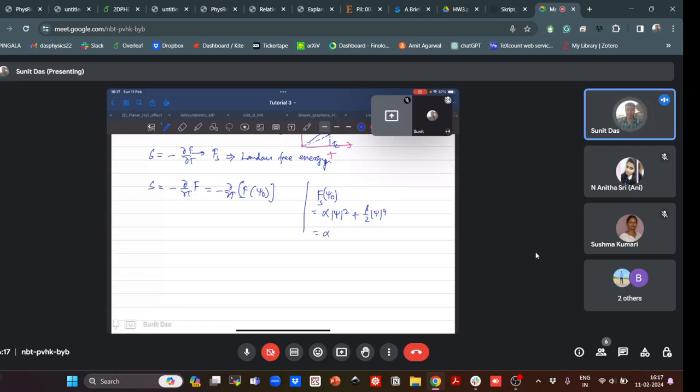This means alpha, with mod psi_0 being root over minus alpha by beta.